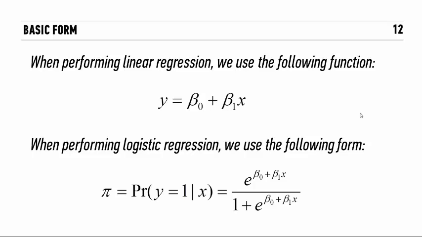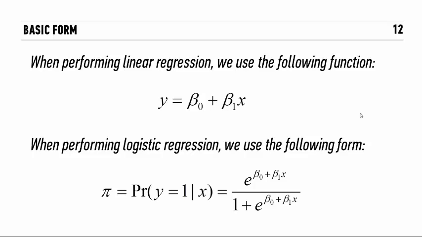Algebra, just a formula for a straight line. It's different in logistic regression, and it takes on the following form: e to the beta naught plus beta 1x over 1 plus e to the beta naught plus beta 1x. And that gives you the probability of class membership in a particular class given x. In math speak, y equals 1 given x. Okay?